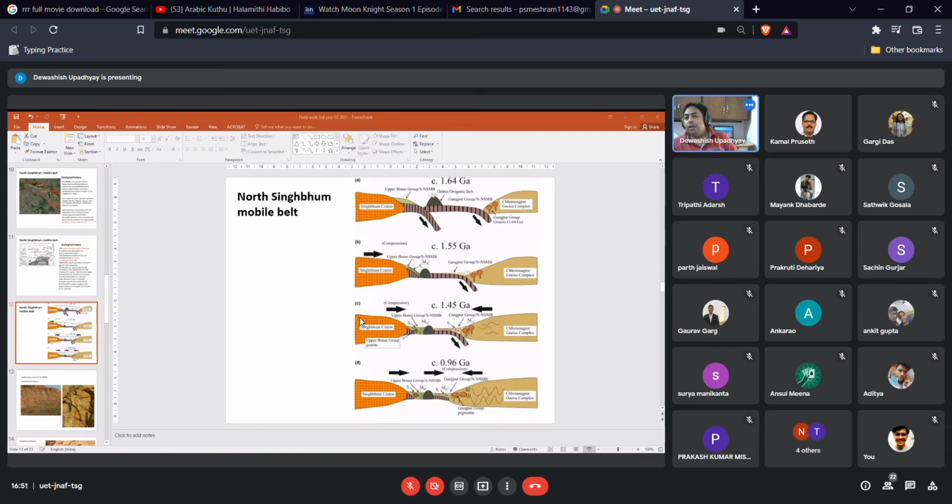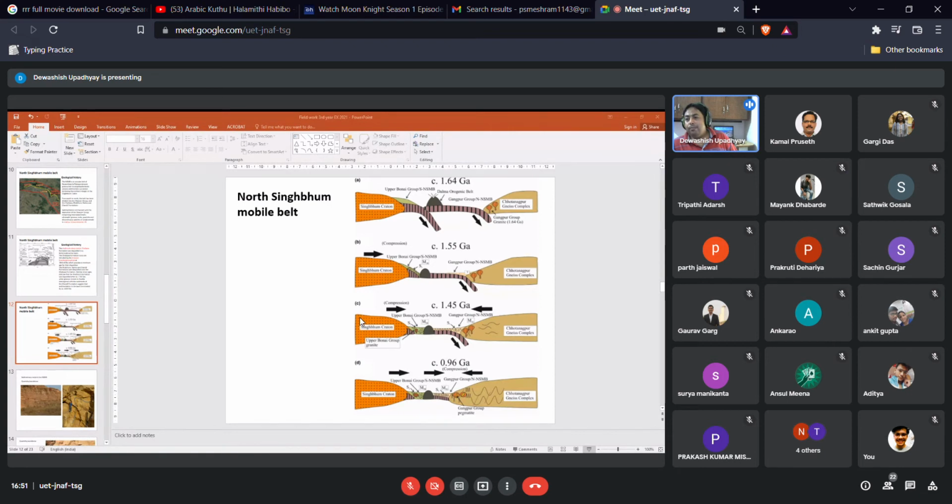So when this happened, subduction was still continuing on the other side, between the Chotanagpur Gneiss Complex and this, and you were still depositing all those rocks, possibly the Chandil Formation, etc., to the north of the North Singhbhum Mobile Belt.